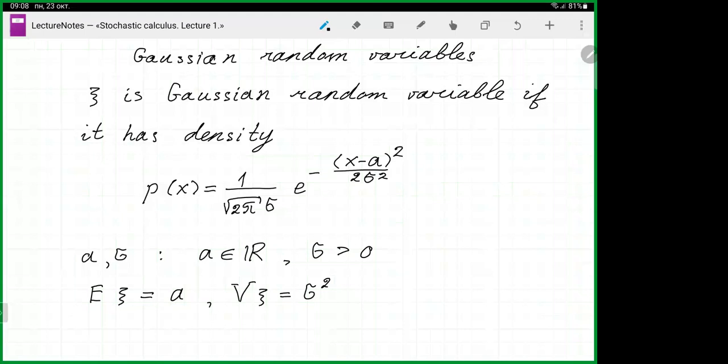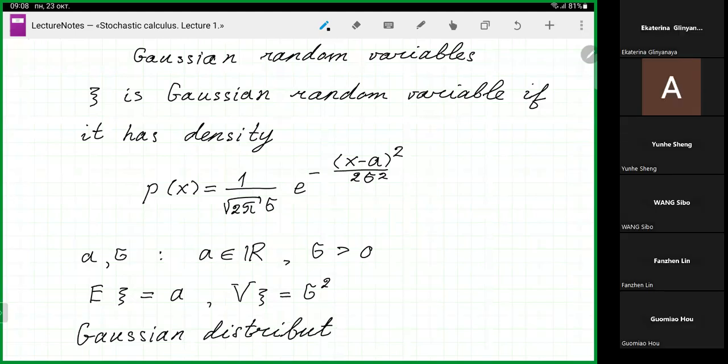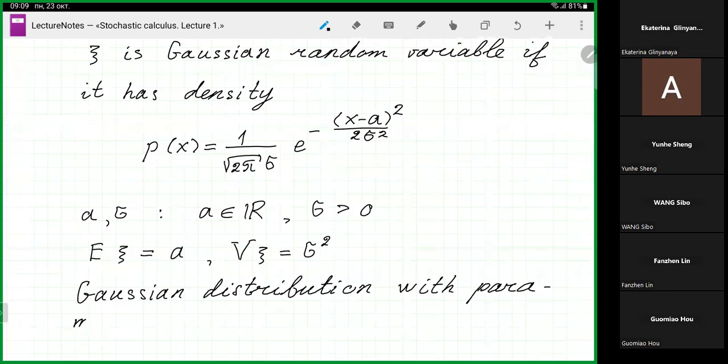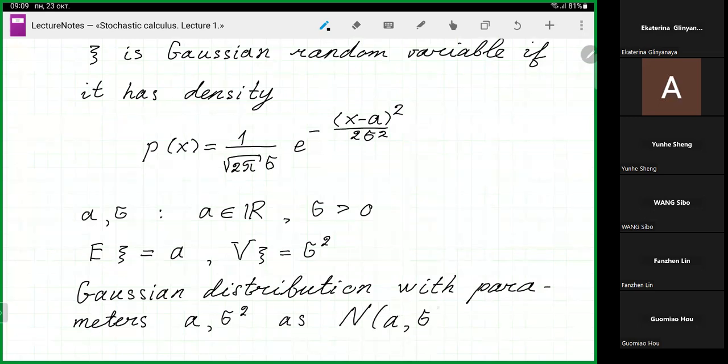We will denote the Gaussian distribution with parameters a and sigma squared as N(a, sigma squared).